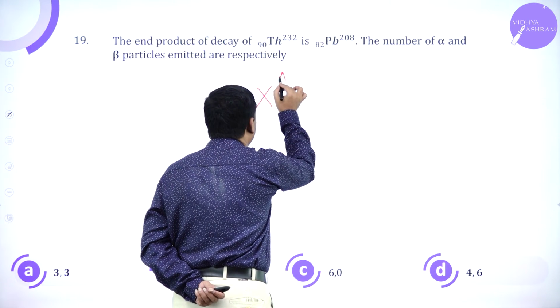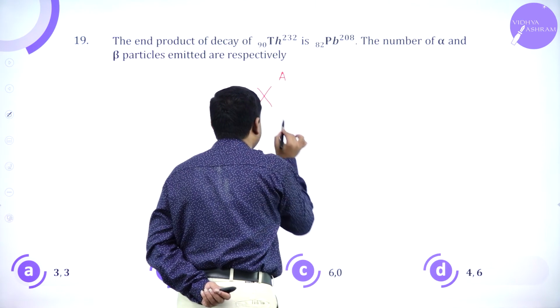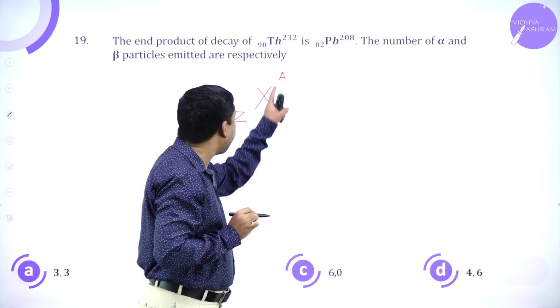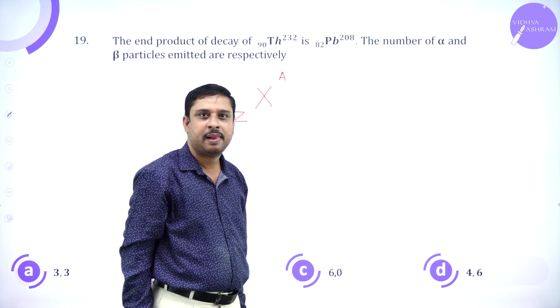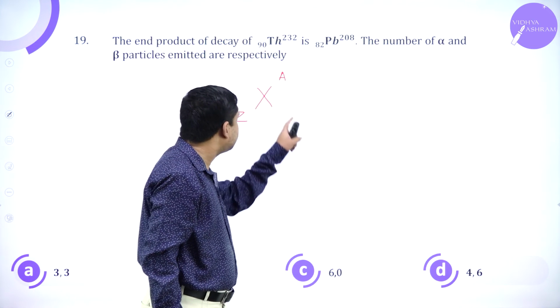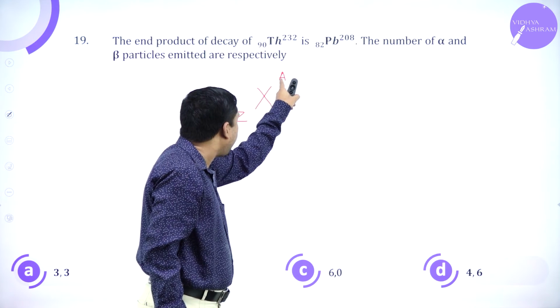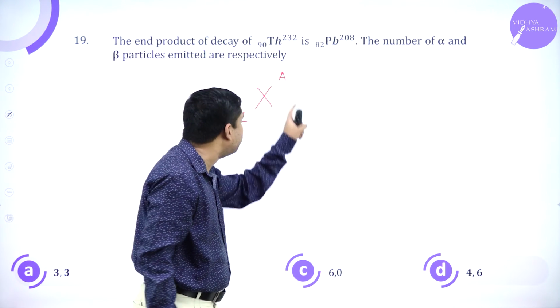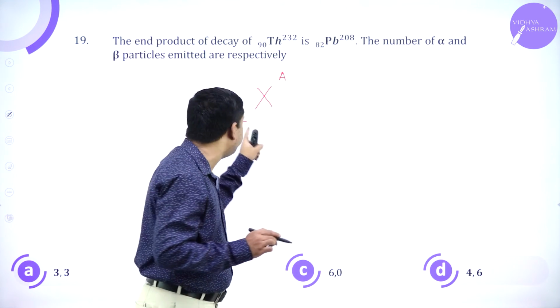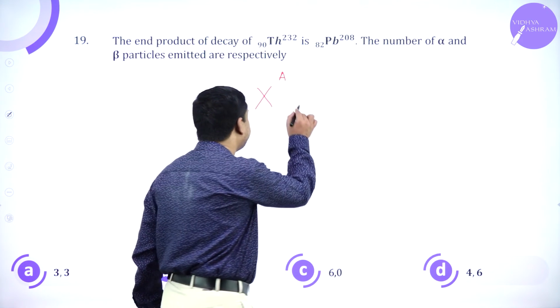If I have a nucleus X, A, Z, A denotes the mass number, Z denotes the atomic number.